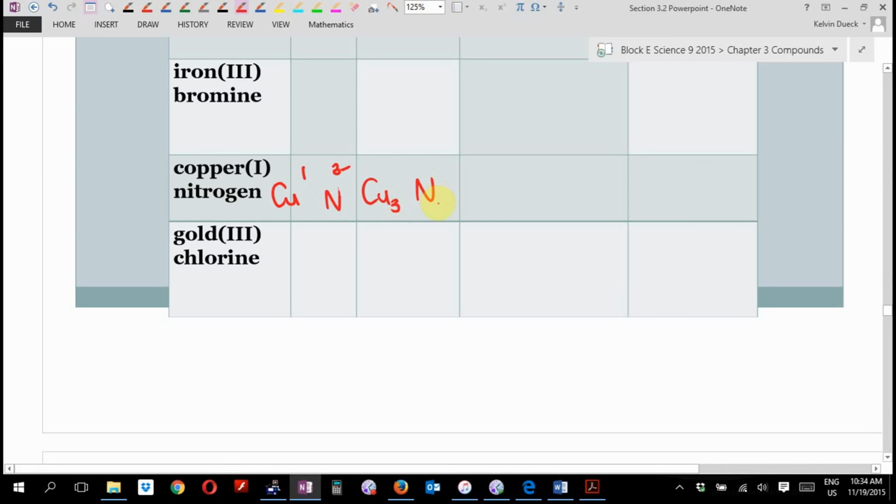Cu3 and N, 1. Am I going to bother writing the 1? No. What would I call this? Copper 1 nitride. How many atoms does this one have? Each molecule has 4 atoms.